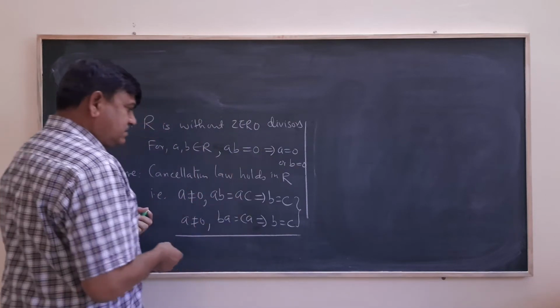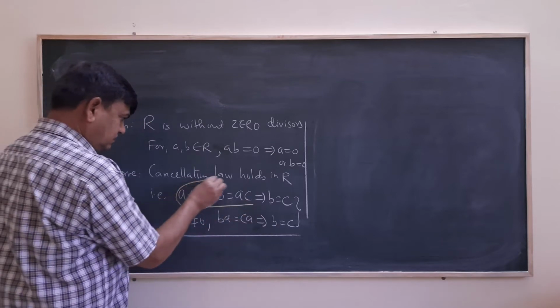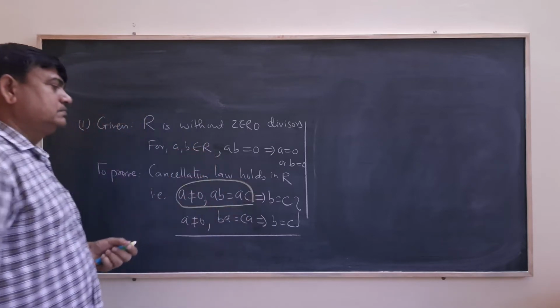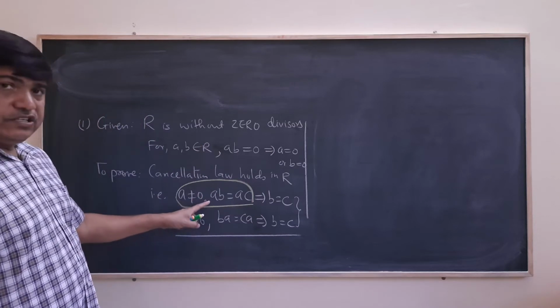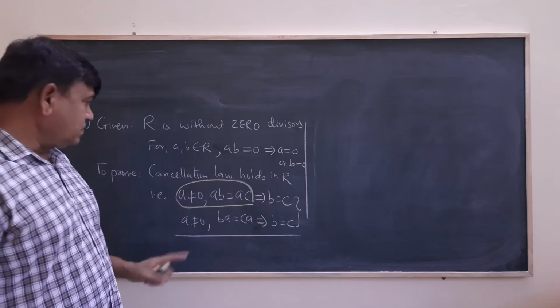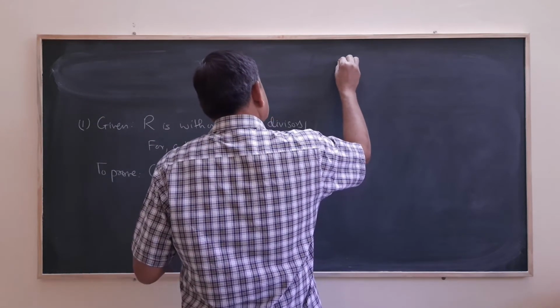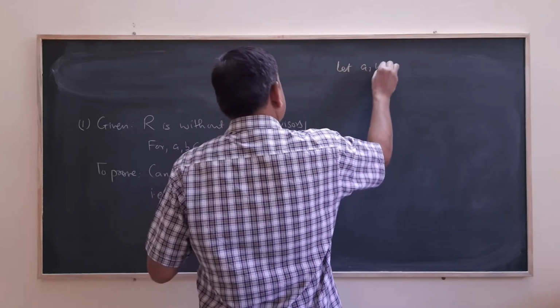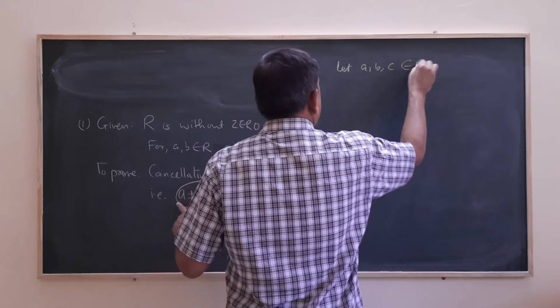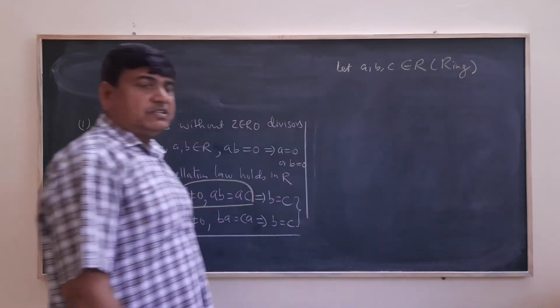Any one of them I will consider. So I consider this one. ये लेके चलूंगा मैं और ये शो करूंगा इसकी हेल्प से। ओके, सो let A, B, C belongs to R. R means ring, not real numbers.